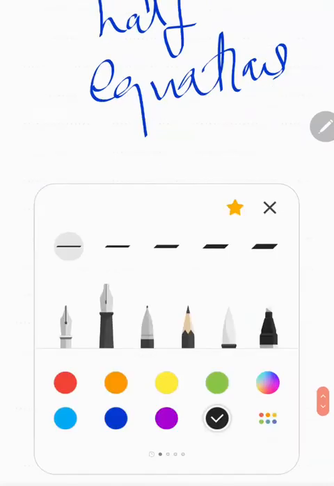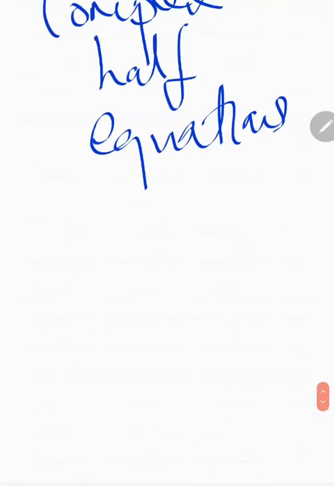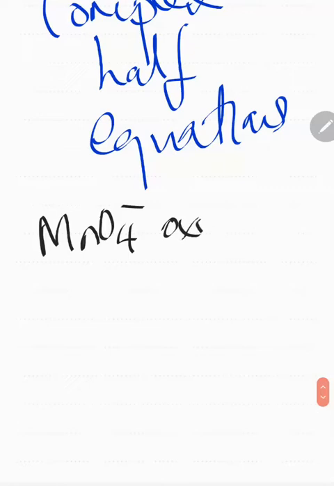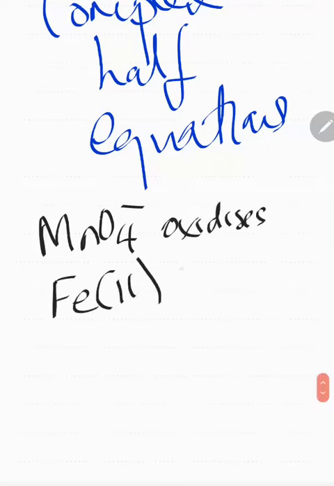Lastly, let's focus now on complex half equations. A simple half equation is like manganate ions oxidizing Fe2+ to Fe3+. We need to construct two half equations.